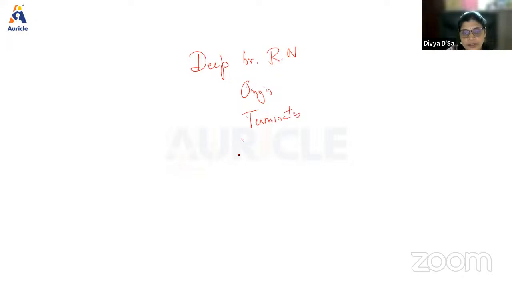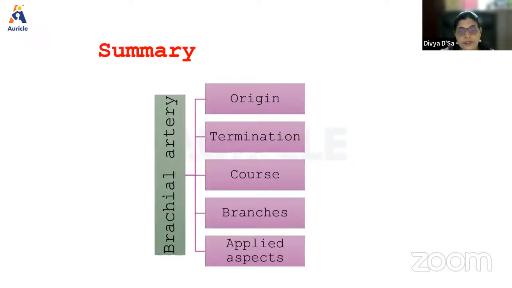After that, you will write the course of the nerve. For branches, basically it is completely a motor nerve, so if the nerve is injured, the action of the muscles is lost.